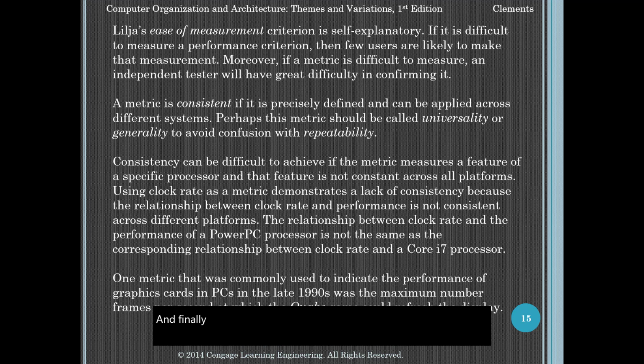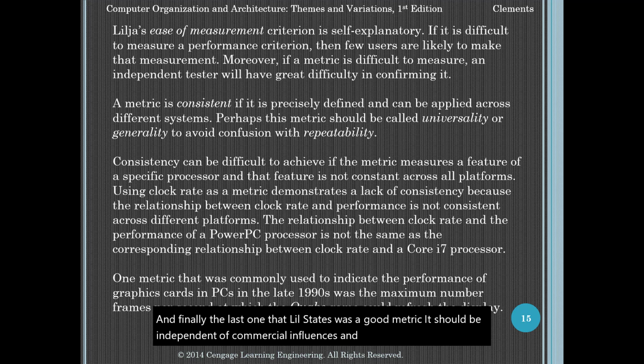And finally, the last one that Lilja states as a good metric: it should be independent of commercial influences. And maybe this is self-explanatory too, but if a computer manufacturer can define performance metrics, then they might be tempted to select a criterion that shows their processor in a better light than their competitors' processors.